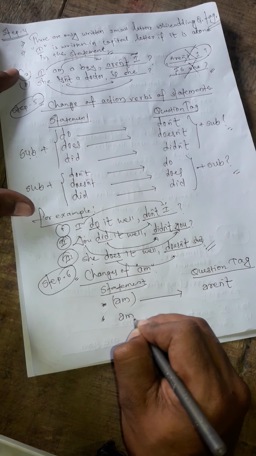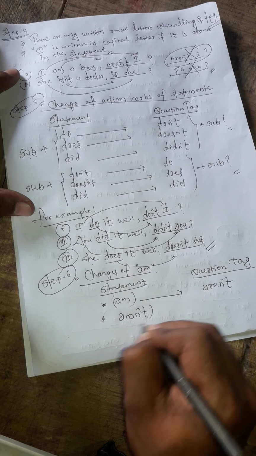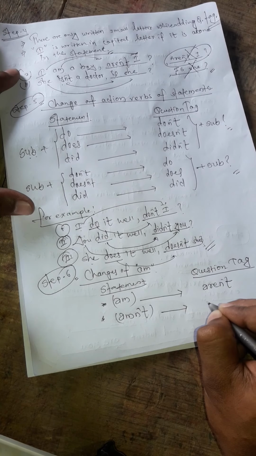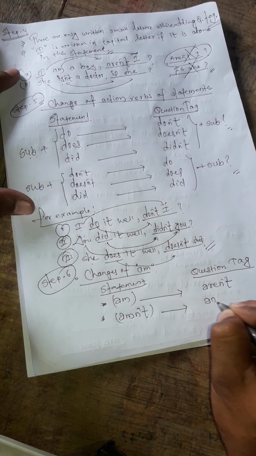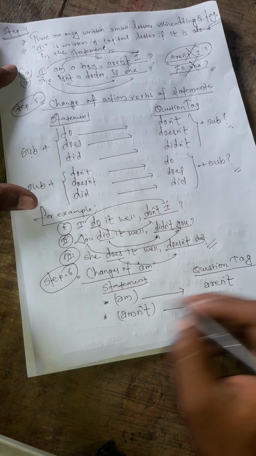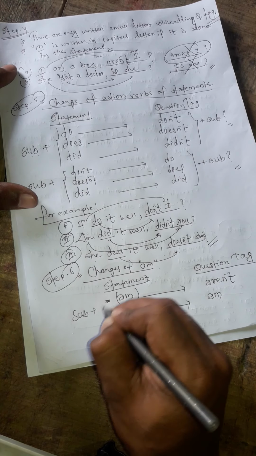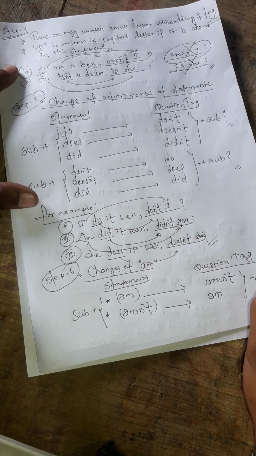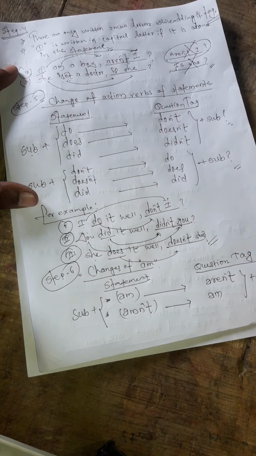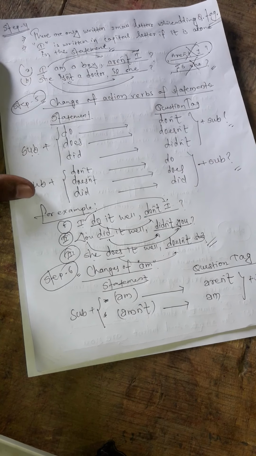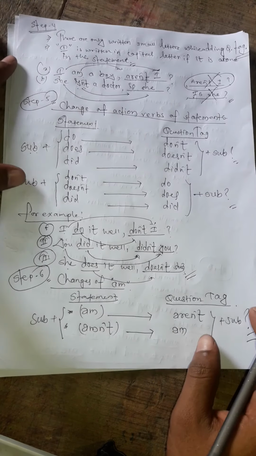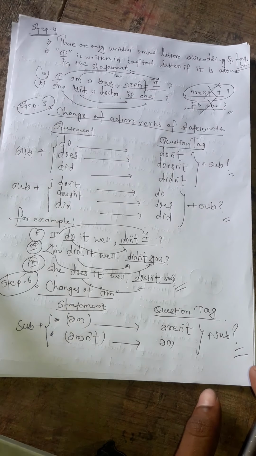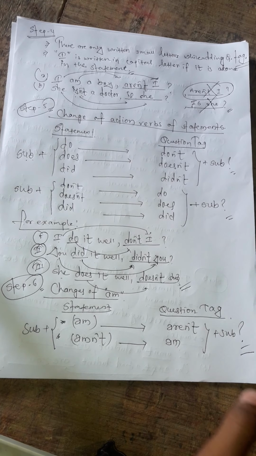If there is amn't in the question tag, it is changed only into M, not into R. And the subject is written the same in the question tag. You have learnt an example before, in the first step.